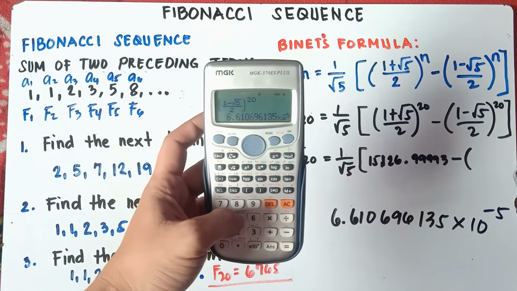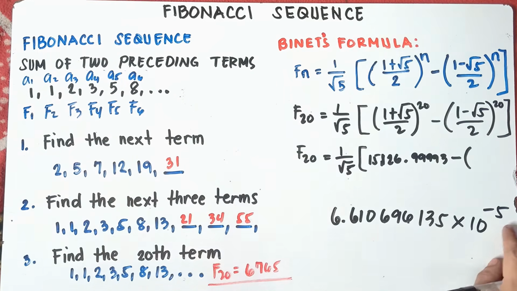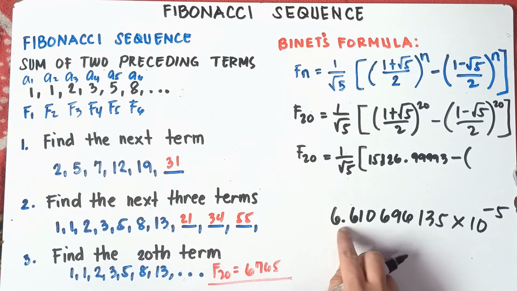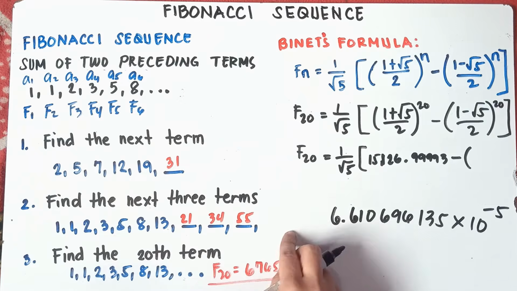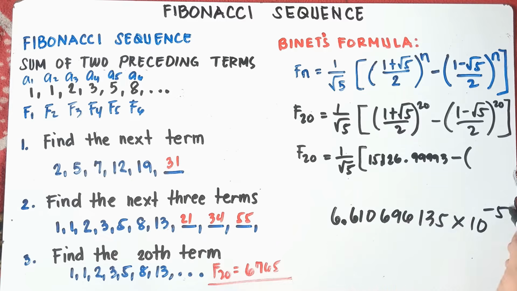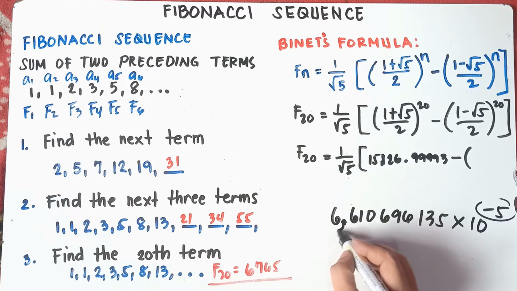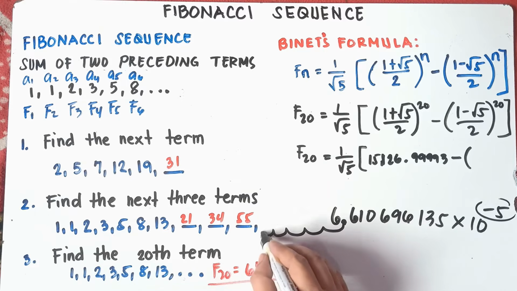This is actually scientific notation, class. So we convert this one. Since this is negative 5, you move the decimal to the left 5 times. If it is positive, you go to the right. Now, since this is negative, you move to the left 5 times: 1, 2, 3, 4, 5.